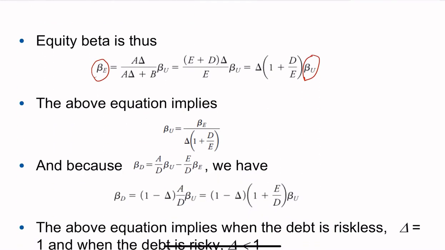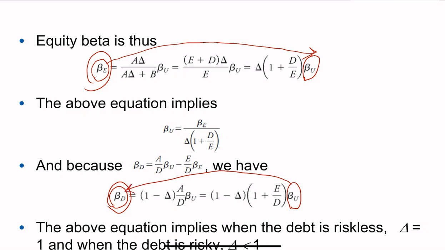And then we will show how beta of debt is related to beta of unlevered equity. In this case, you can see that we can basically find out beta of debt from beta of equity, right? Because you could go from beta of equity to unlevered beta, and then you would go from unlevered beta to the debt beta.